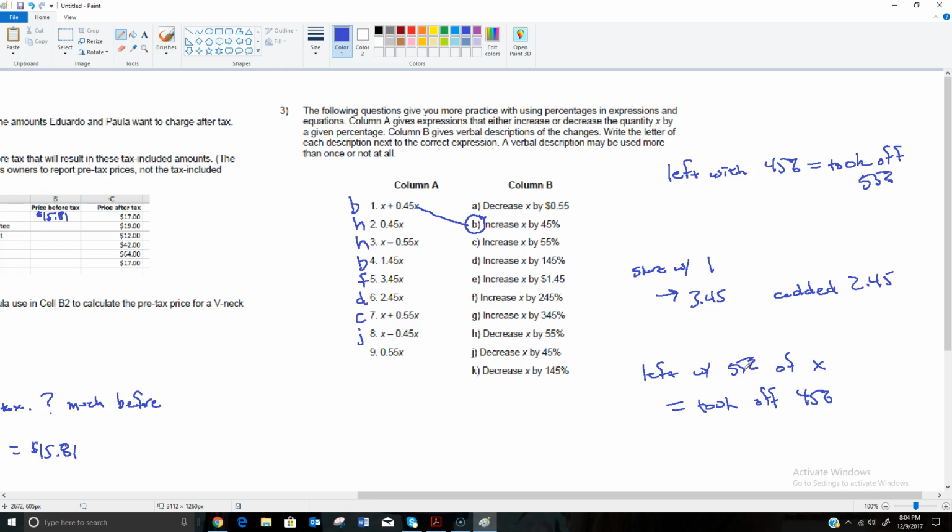So if you're left with 55%, that means there was a 45% markdown, and so that's again J. So these two are equivalent. You could also think of it up here as there's a 1 in front of the x, so 1x minus 0.45x gets you 0.55x. If you have $1 and you take off 45 cents, you're left with 55 cents. So that's how that goes with question 3.